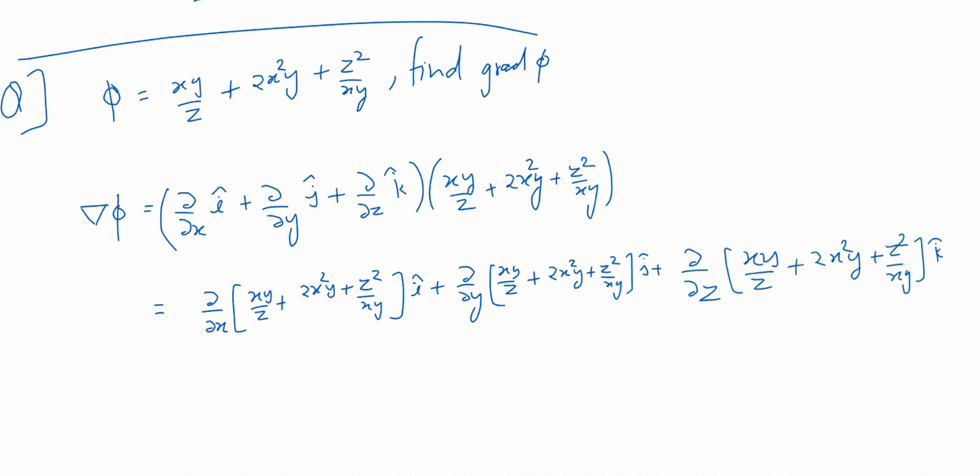So in the first term, we have y over z only because x will be 1. So we have here y over z, okay? And here we will have 4xy. You got it? Yes, ma'am. And here we will have z square over x square into y.